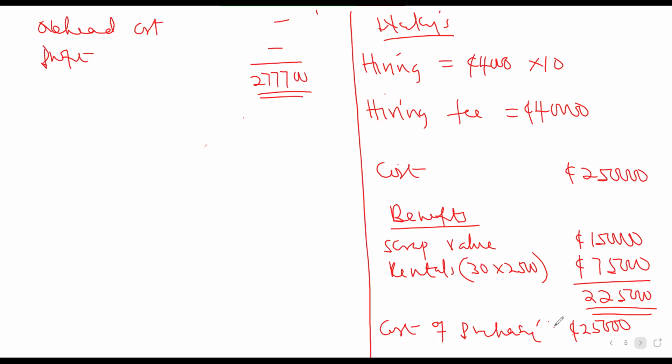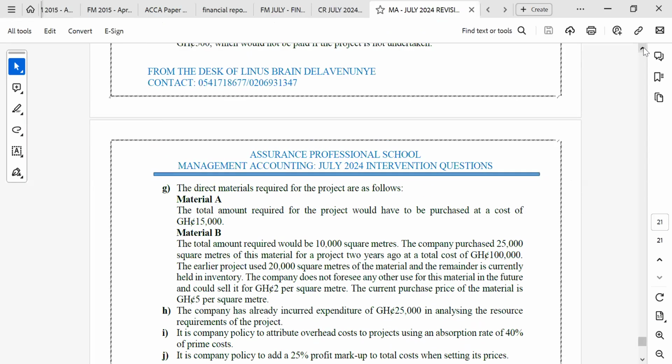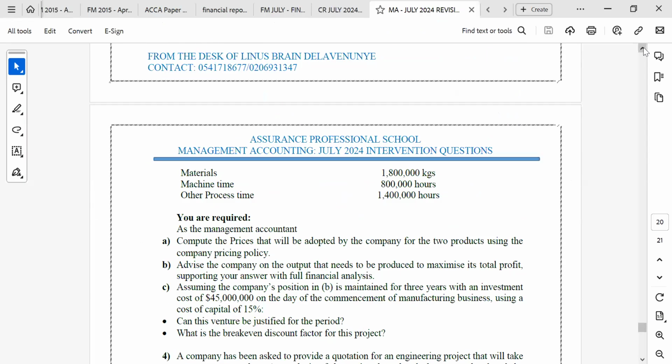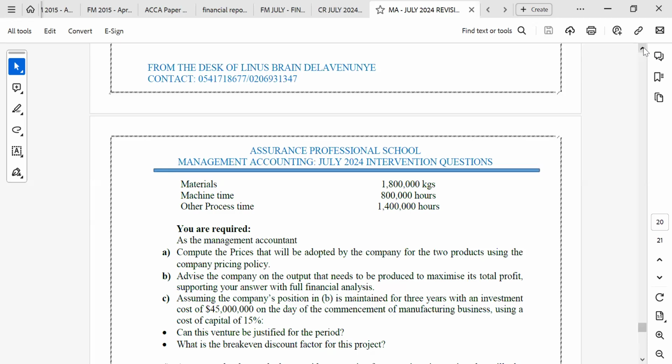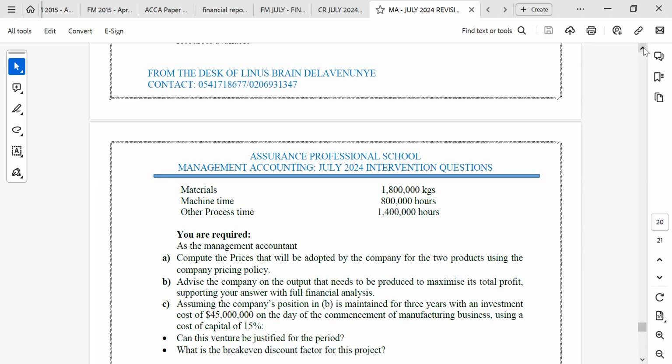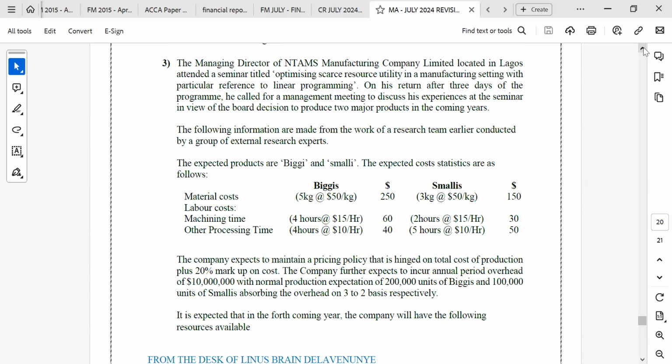Okay, so revise your relevant cost very well. Revise your limiting factor also very well. Let me see if you can try this limiting factor question, question number 3.